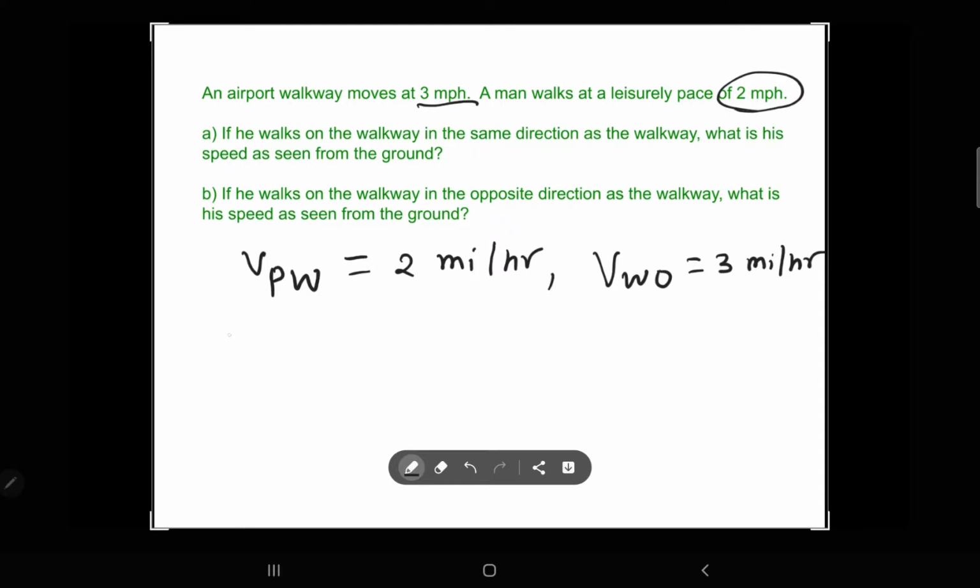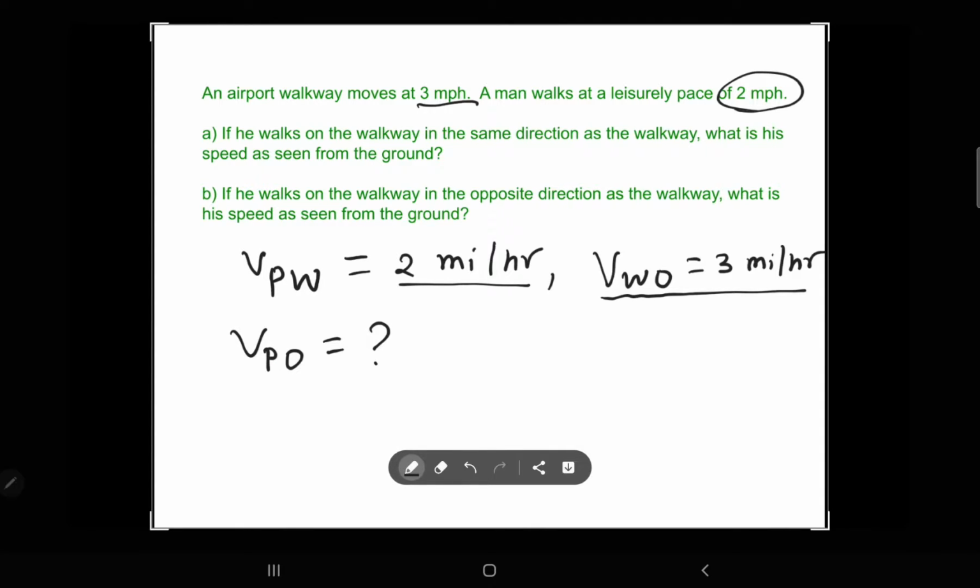So we have to calculate the velocity of the passenger with respect to the observer. The first is the velocity of the passenger with respect to the walkway, which is 2 miles per hour, and this one is the velocity of the walkway with respect to the observer, which is 3 miles per hour. But if you look directly from the observer's point of view, the velocity of the passenger will be somewhat different.